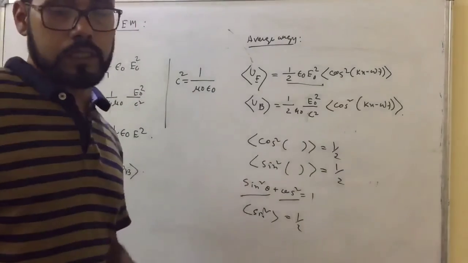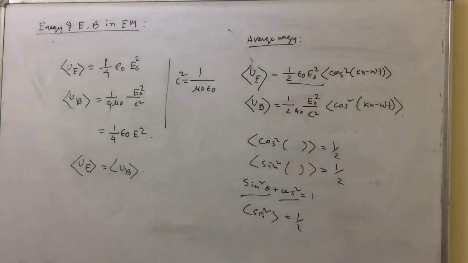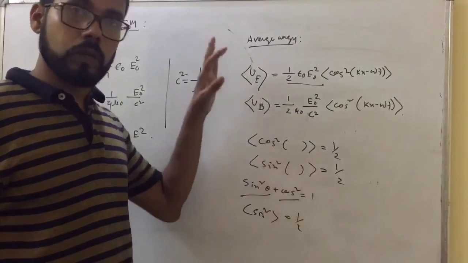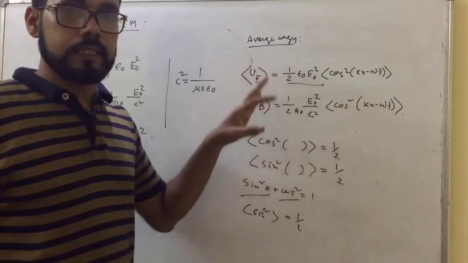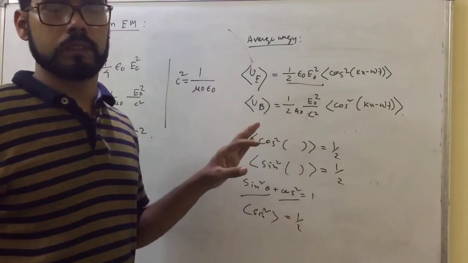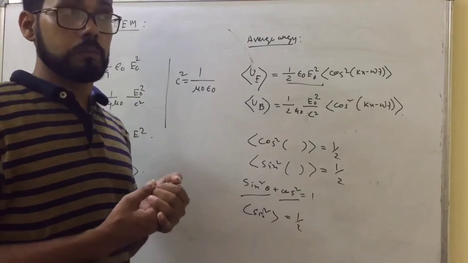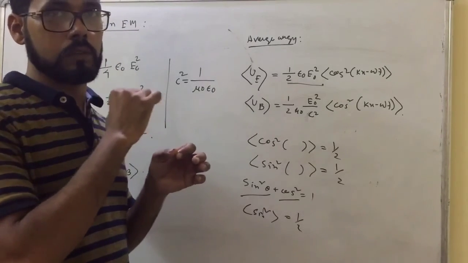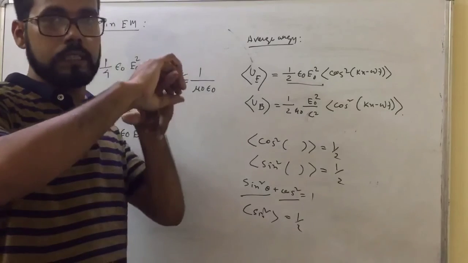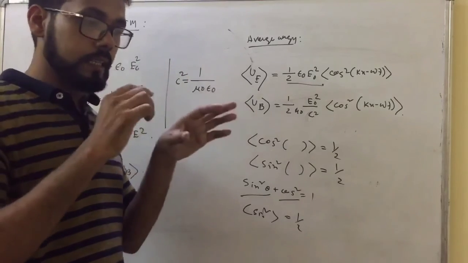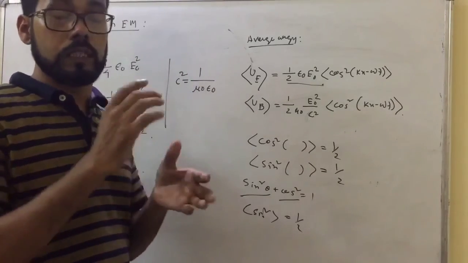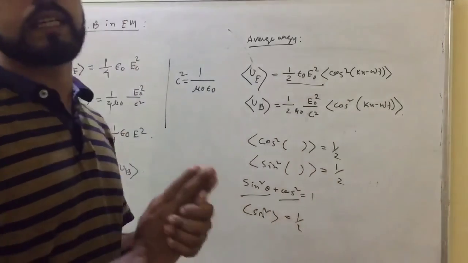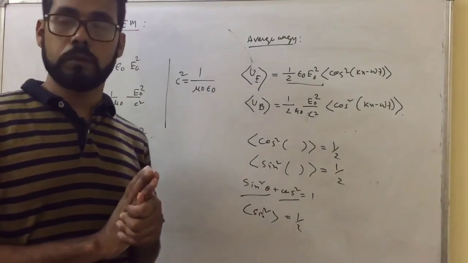And another important thing that I have told you: whatever solution I am writing here is the Cartesian solution. Whenever we talk about the propagation of an electromagnetic wave through a cylindrical pipe, we have to take the solution of the wave equation in a cylindrical coordinate system, according to the problem defined.